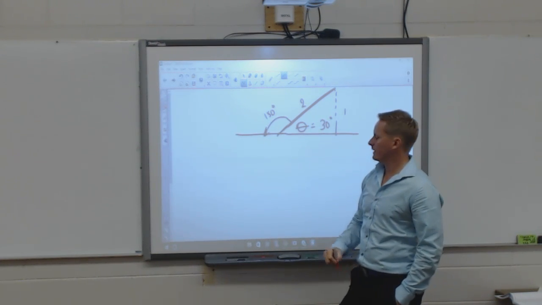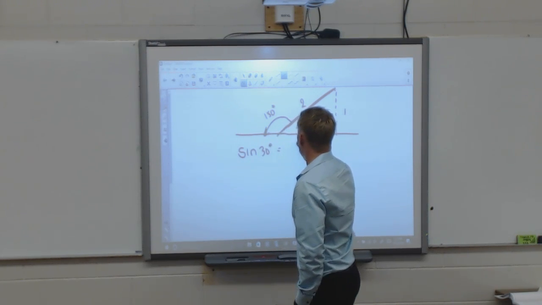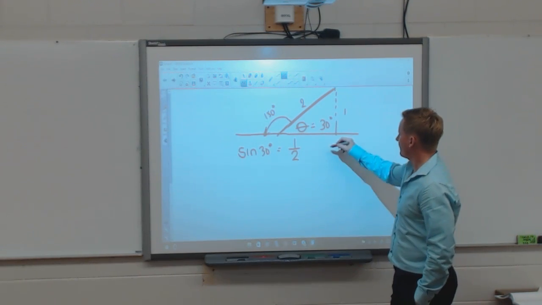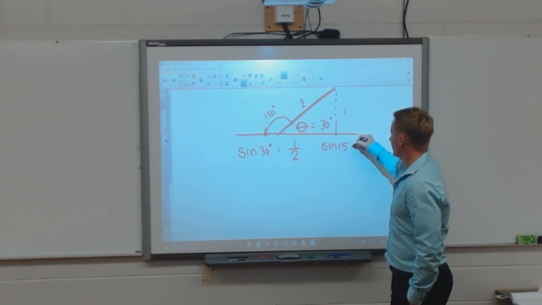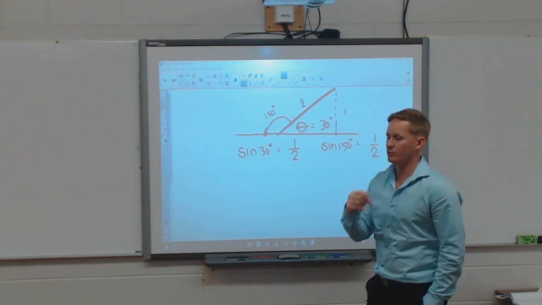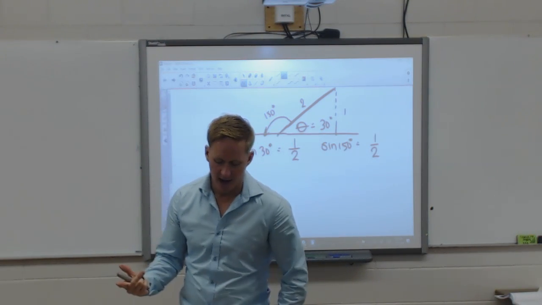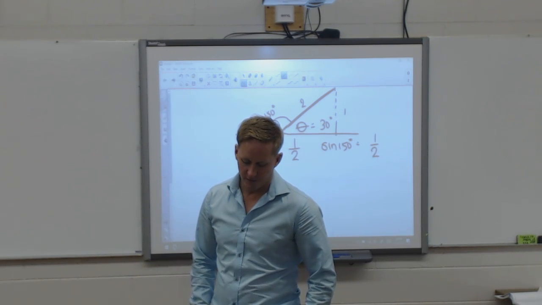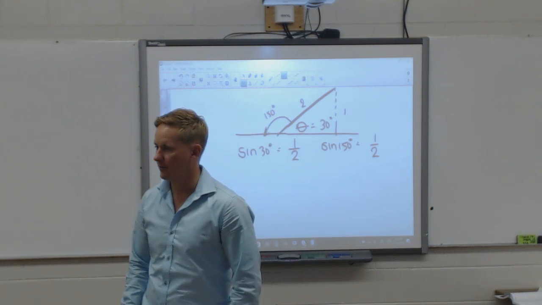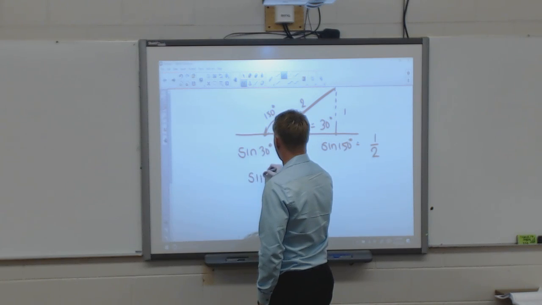What we find is that if I take the sine of 30 degrees, I'll get the ratio of 1/2, and if I take the sine of 150 degrees, I'm going to end up with the same solution. So punch that into your calculator. Take the sine of 30, make sure you get 1/2, and take the sine of 150 and see what you get. Also 0.5, right?